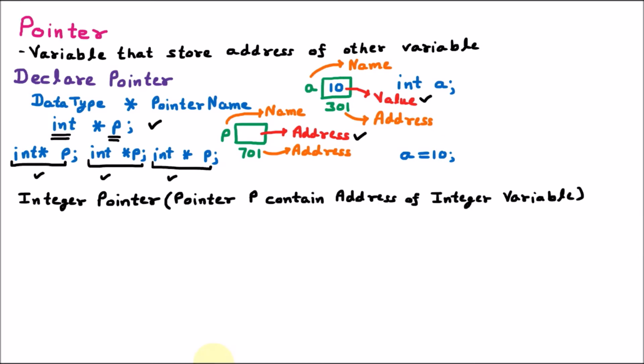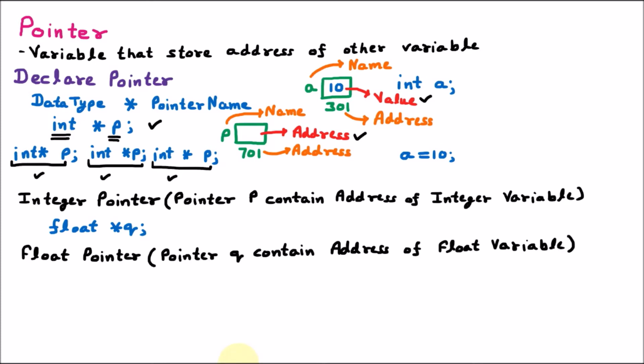To understand that, I am taking one example here. Let us suppose I say float star q. So this is the float pointer, which signifies that pointer q contains the address of a float variable.